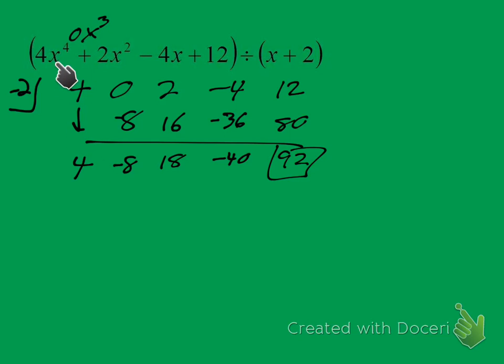Okay, that's how that works. You start with an x to the 4th, so this goes to x to the 3rd. Okay, so 4, x to the 3rd, and then you keep going down from that. Okay, so it goes from 3rd to 2nd to 1st to no power to your remainder.